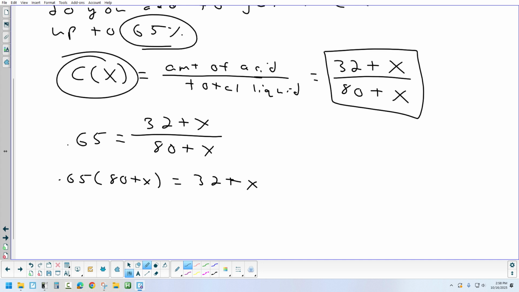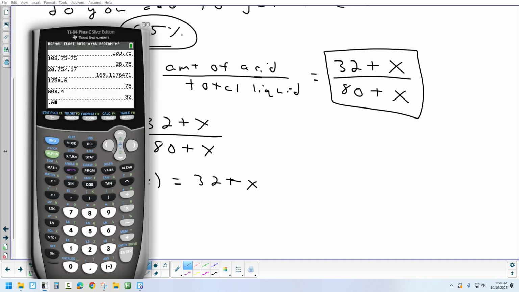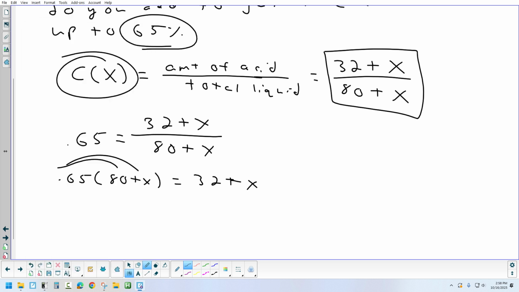When you do that, the 80 plus X is gone on the right, and it's now on the left. We will distribute. I'm not sure what 0.65 times 80 is. 52 plus 0.65X.